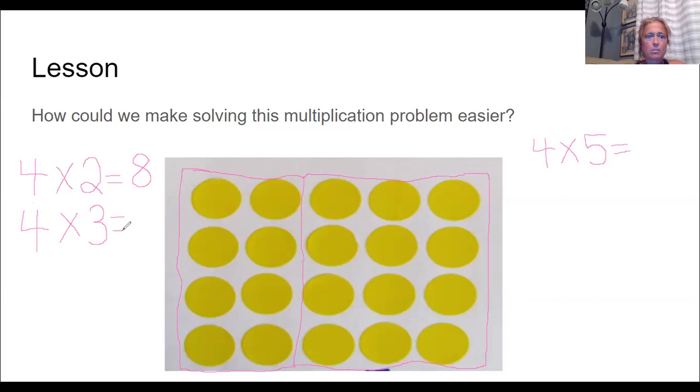And that equals 1, 2, 3, 4, 5, 6, 7, 8, 9, 10, 11, 12. And then what's 12 plus 8? 20.